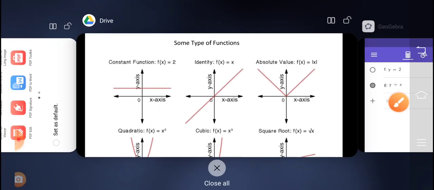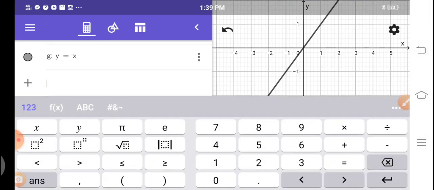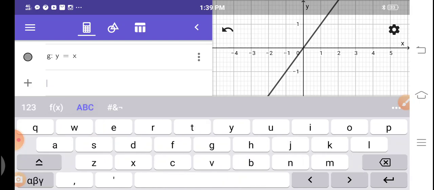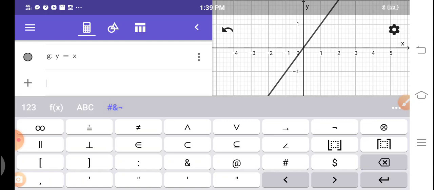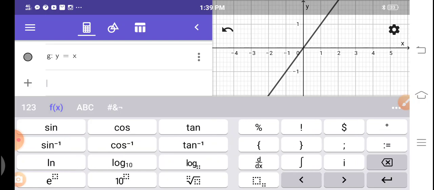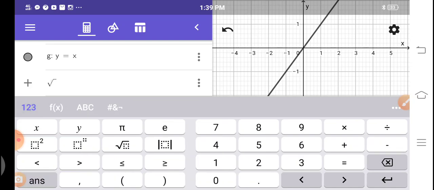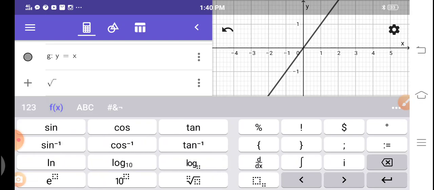Okay, another example, we have an absolute value function. Let's try to graph.